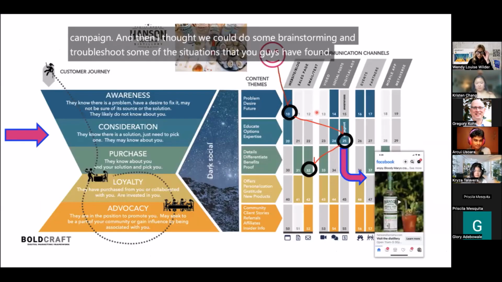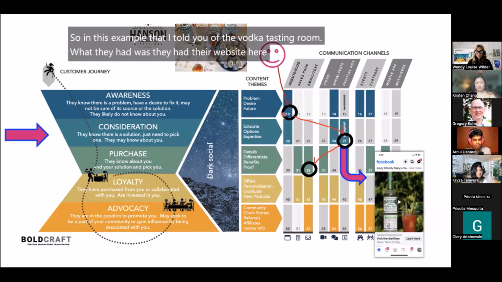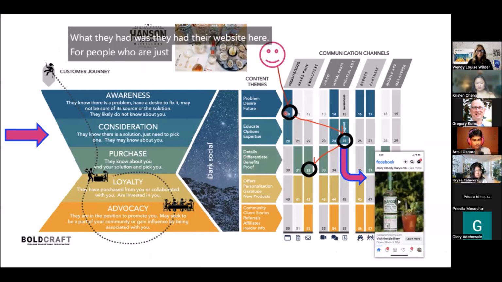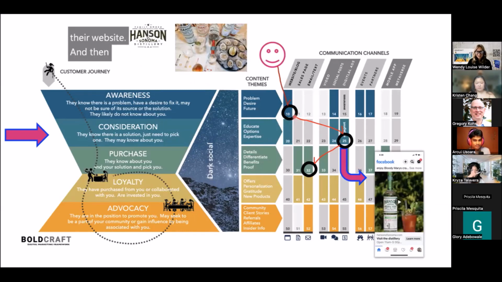So in this example that I told you of the vodka tasting room, what they had was their website here for people who are just in the awareness level. So that was me. I was walking along and I saw the shop and I became interested and I went to their website. And then because they had an ad set up, I went to their website and I didn't buy anything.